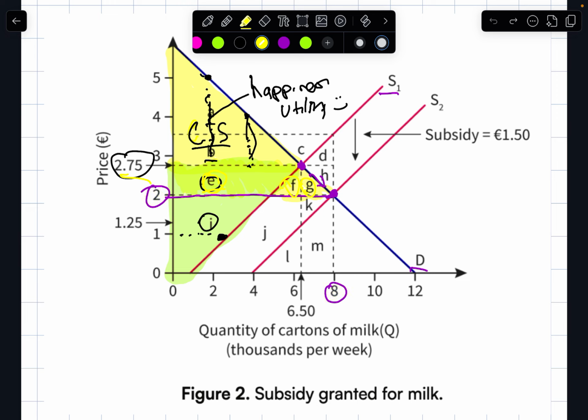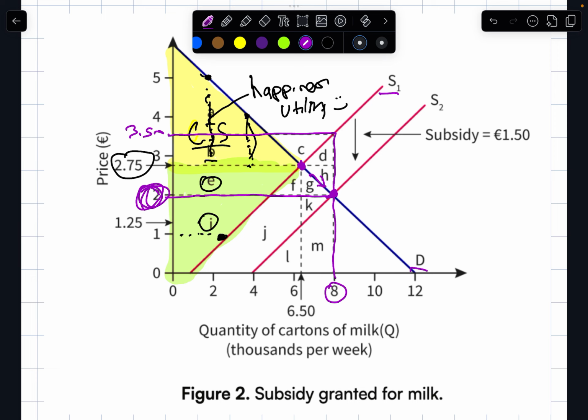Now, on a similar note, if we focus on the producer side, the producers are making more money. So for them, it's not down here at 2, but they are selling it at 350, this line over here. They're selling at a higher price and they're selling more.